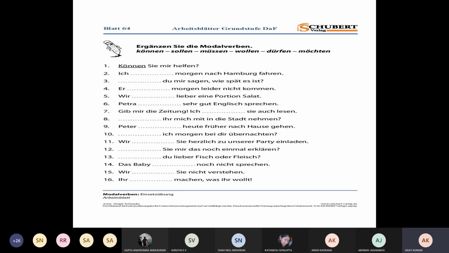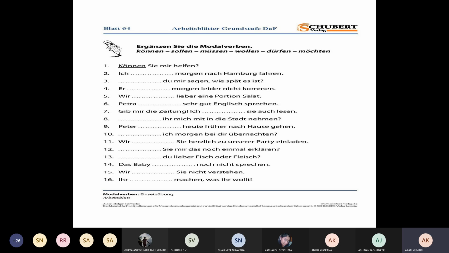Ich will sie auch lesen. Or I would like to read it too. Ich möchte sie auch lesen. Both can go here. Okay. So sie in this sentence is used for die Zeitung. Yeah, it's feminine. That's why you have here sie.